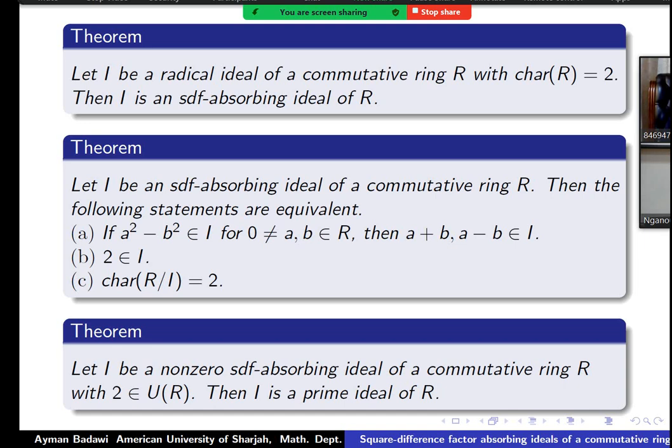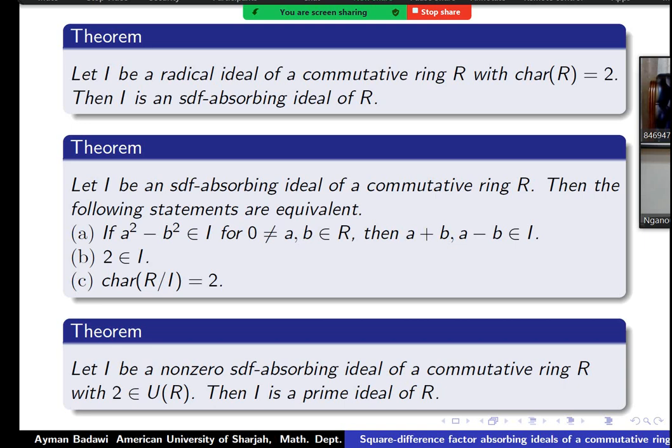Okay, in this condition, as you see, we want a minus b in I or a plus b in I. So this is a result that we need to prove. Another result, what does it say? And this is crucial, by the way, in the proof of many of our results, this theorem.